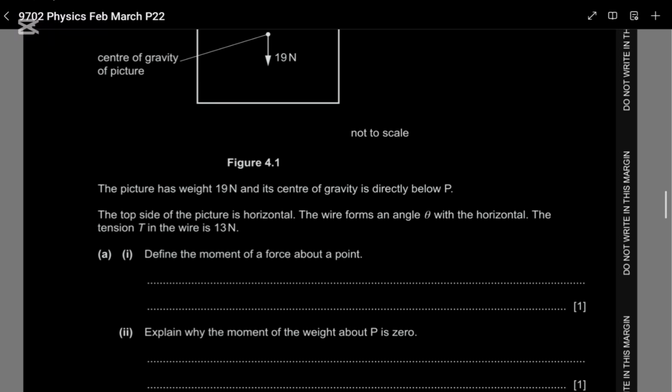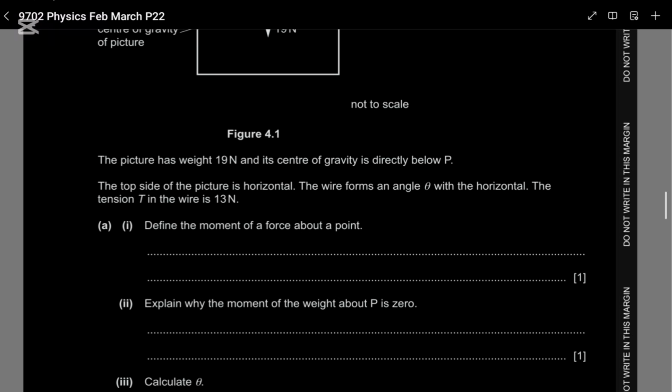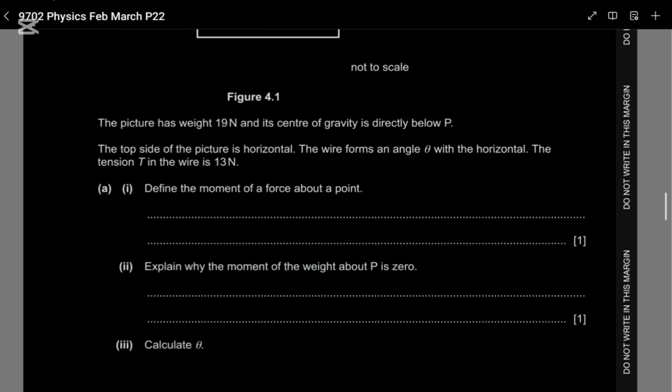Now part A, define the moment of a force about a point.